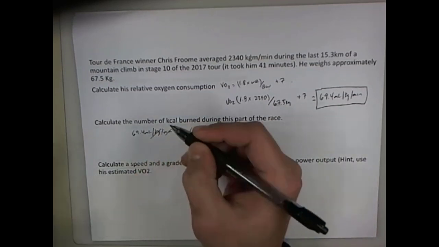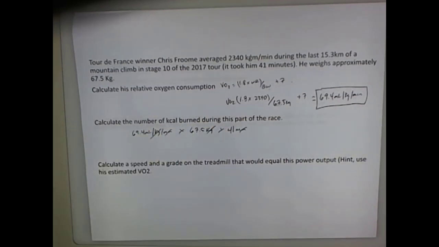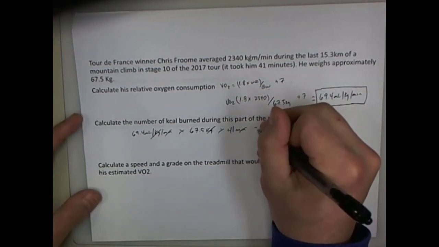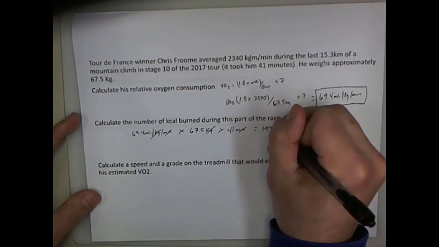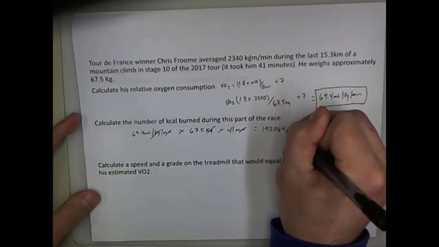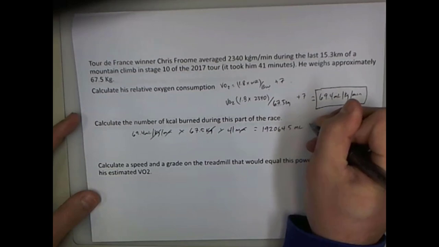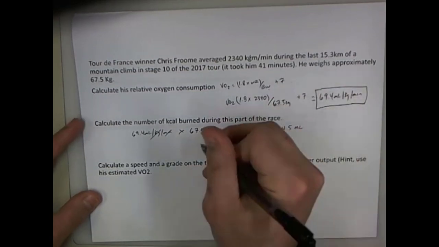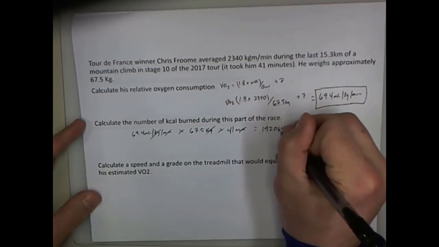Those will cancel out. Gives us 192,064.5 milliliters of oxygen. We'll divide that by 1,000.